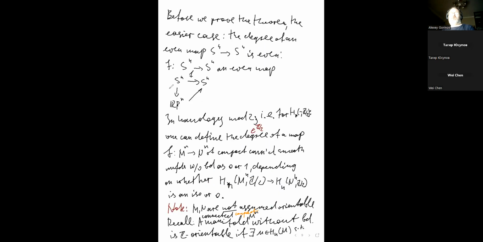And then the degree is multiplicative, which implies that the composite map will have degree 0, the degree mod 2.